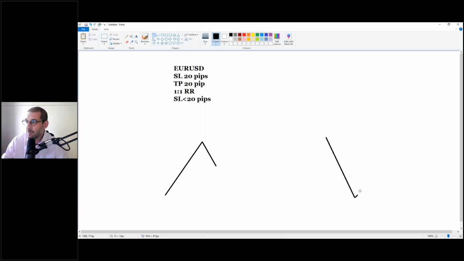If it's an impulse down, we'll look for a correction, and then we'll try to enter on the corrections. So that's effectively what we're trying to do here. Either long or short is okay, but we'll have to wait for the impulse.